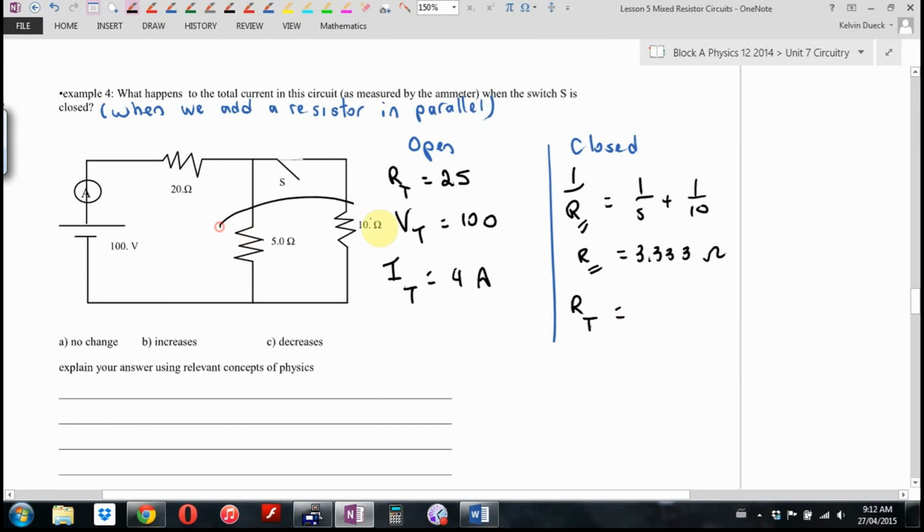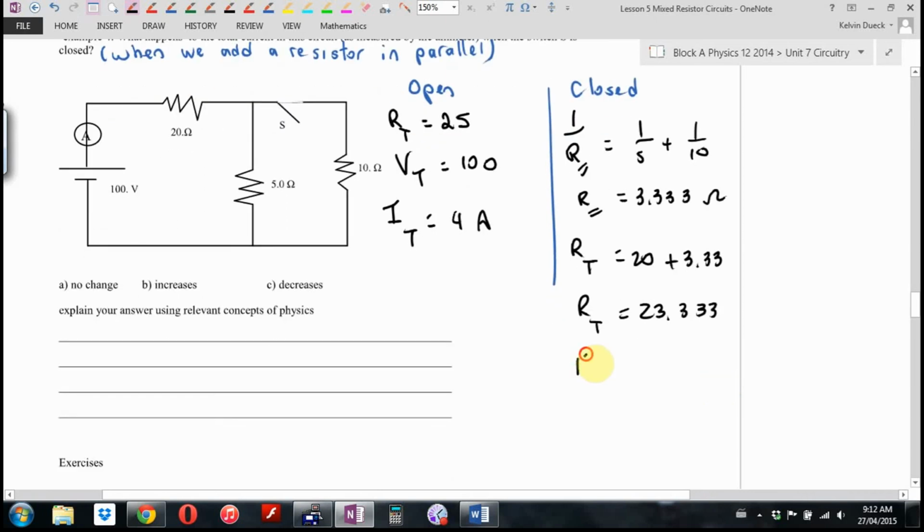So you're telling me this is the same as a single 3.333 resistor in series with that 20. I think R total is going to be 20 plus 3.333, which is 23.333.